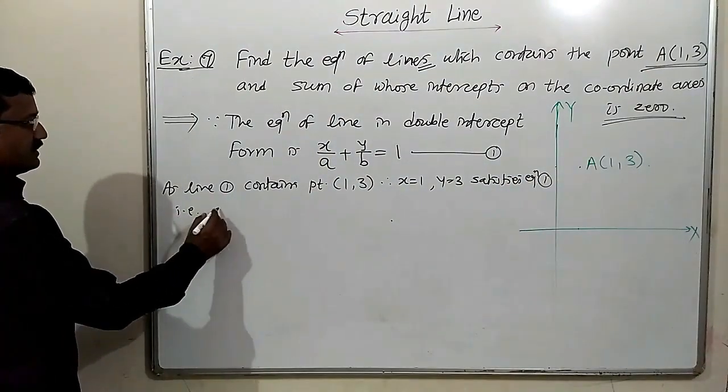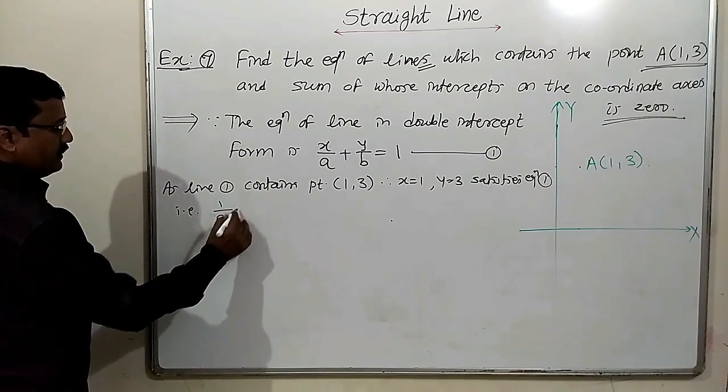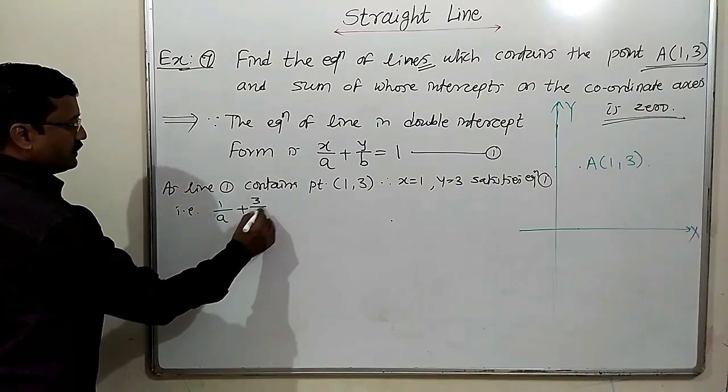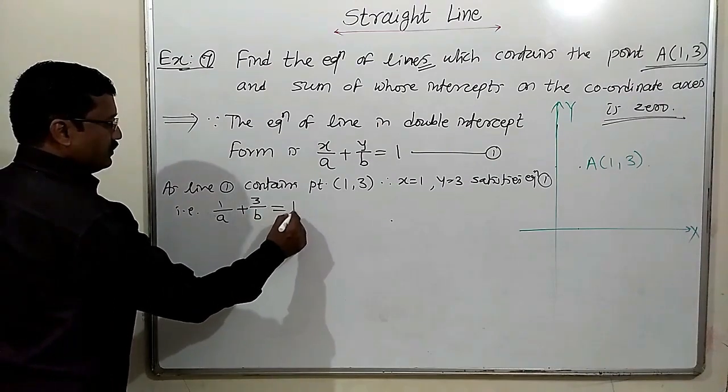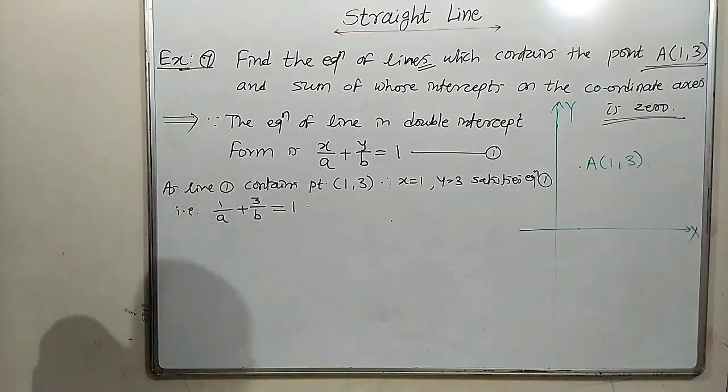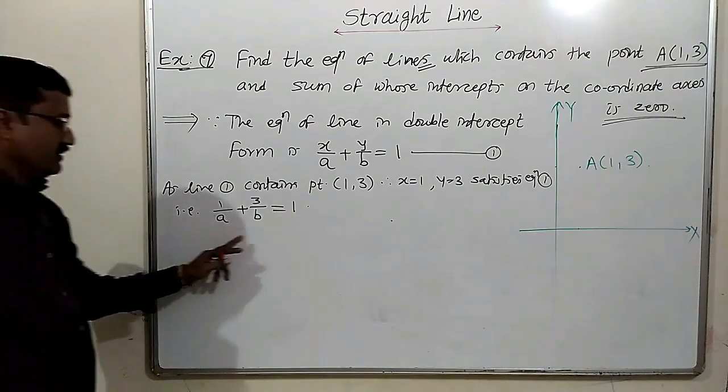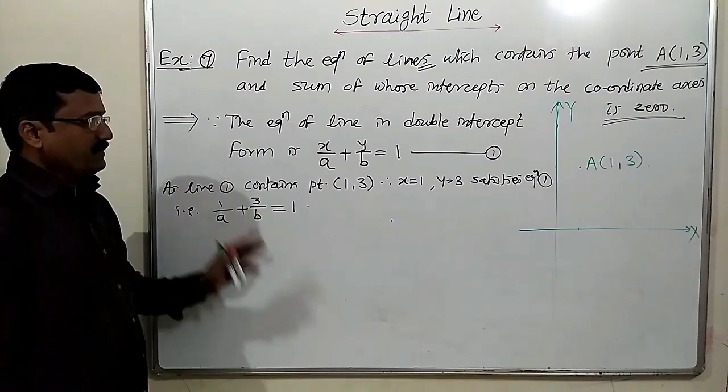That is 1/a + 3/b = 1. We get this equation in the two intercepts a and b.